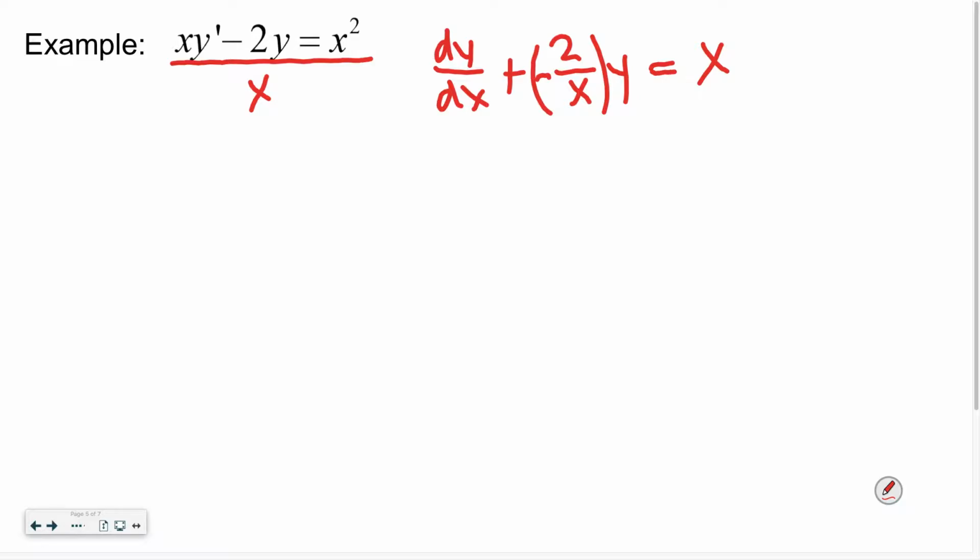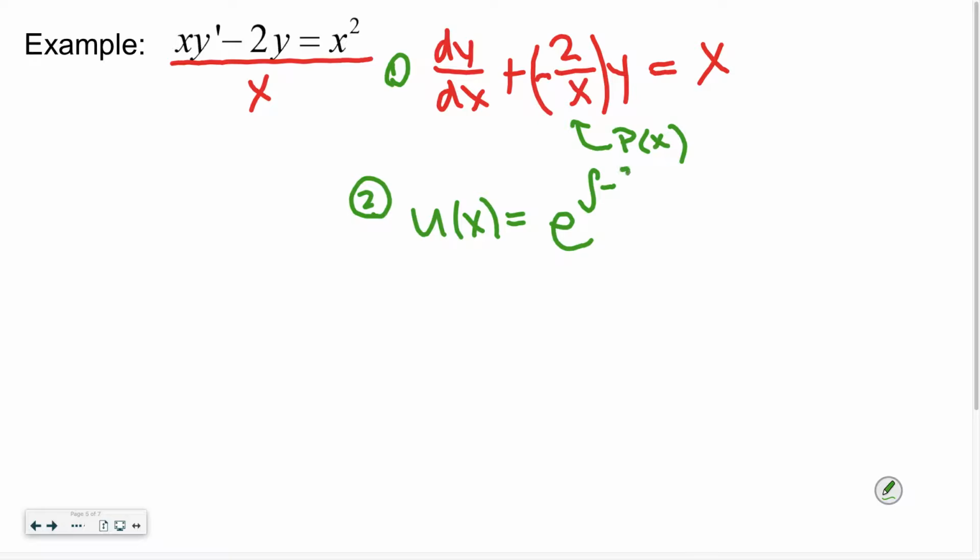Whatever is being multiplied by y, what do we call that? P of x. Okay. And p of x is what helps us find our integrating factor, isn't it? Okay. So here's step one, right? Step two, let's find our integrating factor. So our integrating factor is e to the integral of p of x dx.